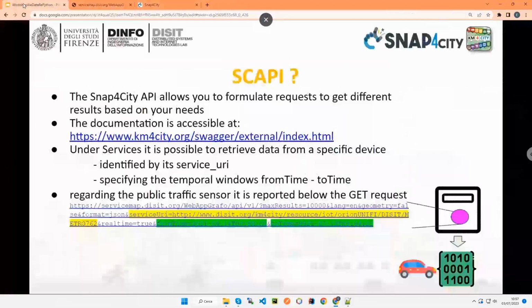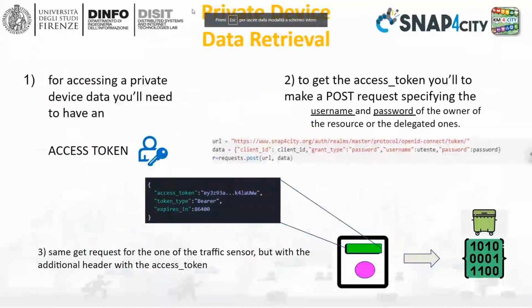Okay, next, what do we have? How to retrieve the data from private devices. So of course, if a device is private, you need some form of authentication procedure to get the data. So you will need to have the so-called access token.